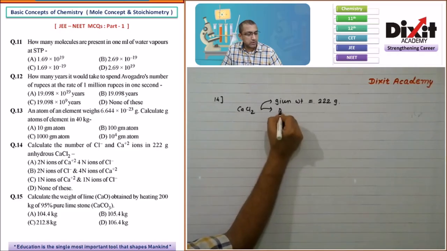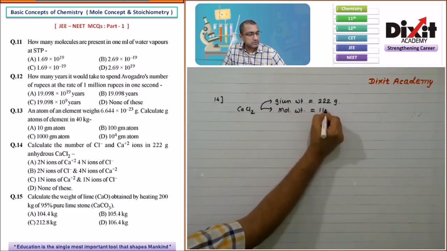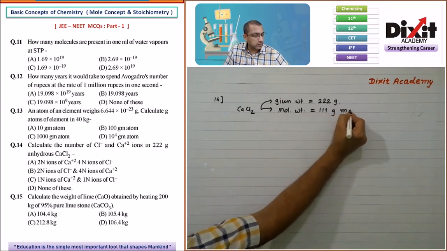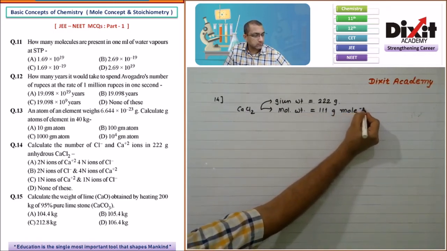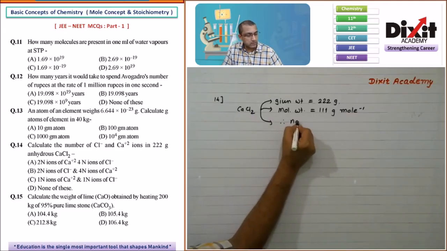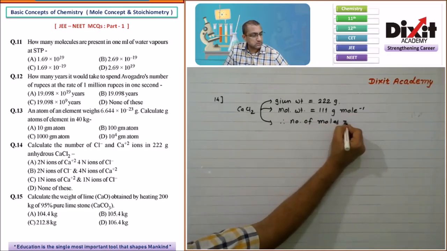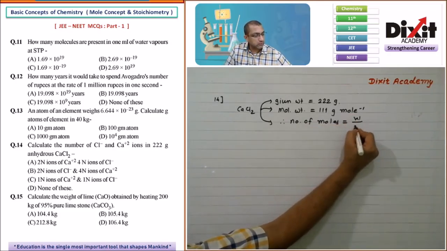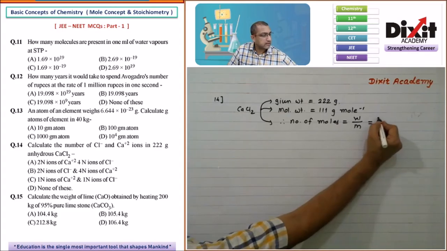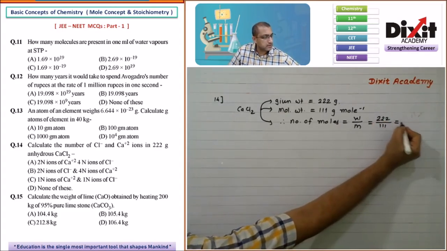For calcium chloride, molecular weight is equal to 111 gram per mole. Therefore, number of moles is equal to given weight upon molecular weight, that is 222 grams upon 111 gram, that is equal to 2.